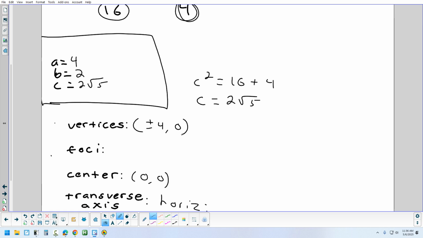When the center is at 0, 0, you can use the plus or minus symbol. When it's not, you can't do that. Okay, foci. How many units away from the center are the foci? 2 root 5, again, left and right of the center.